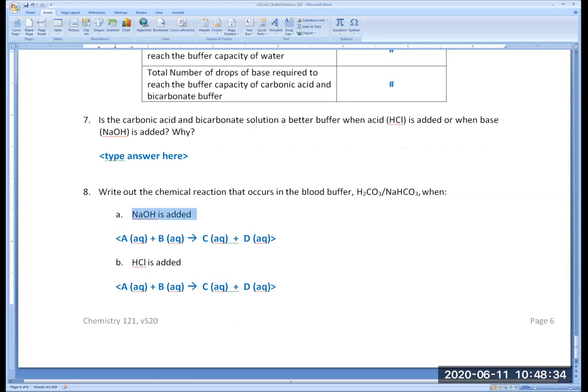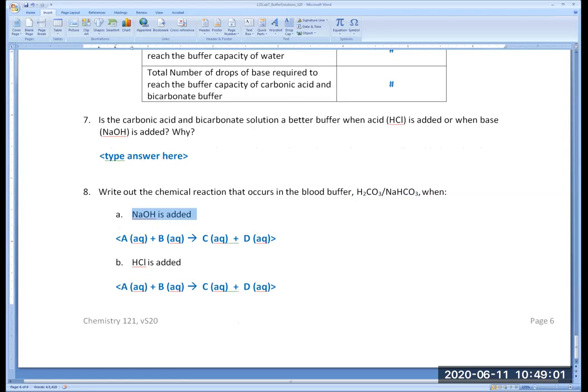When you have a buffer, you need very large quantities of both the weak acid and its conjugate base. And the reason is because it needs to be able to buffer whatever you add to it. And when you add a strong base like NaOH to a buffer, NaOH being a strong base, it will react with the acid of the buffer, right?